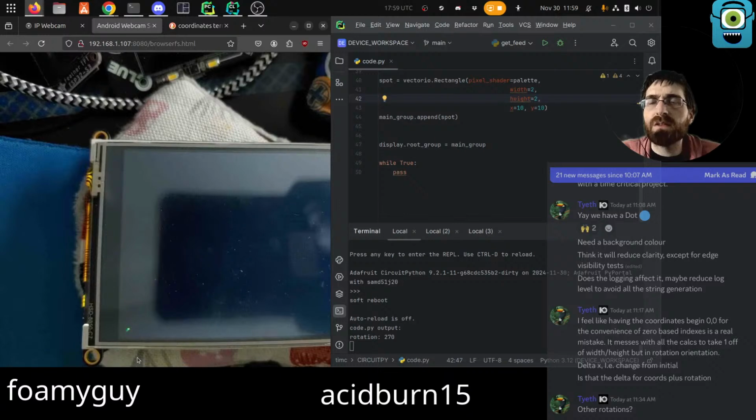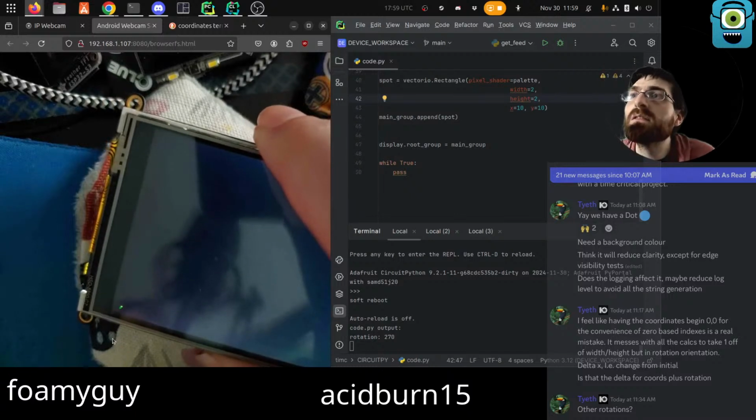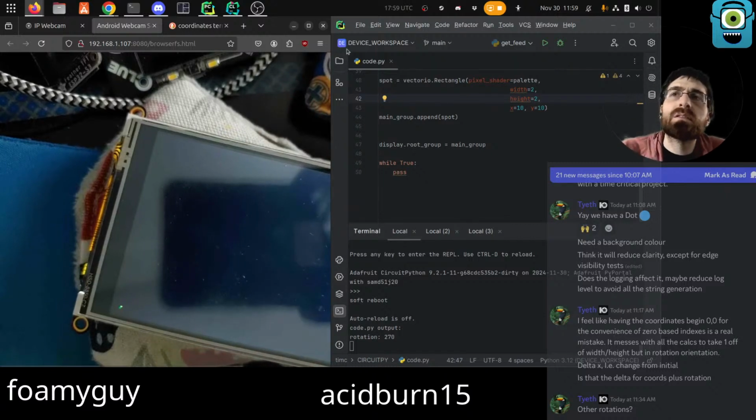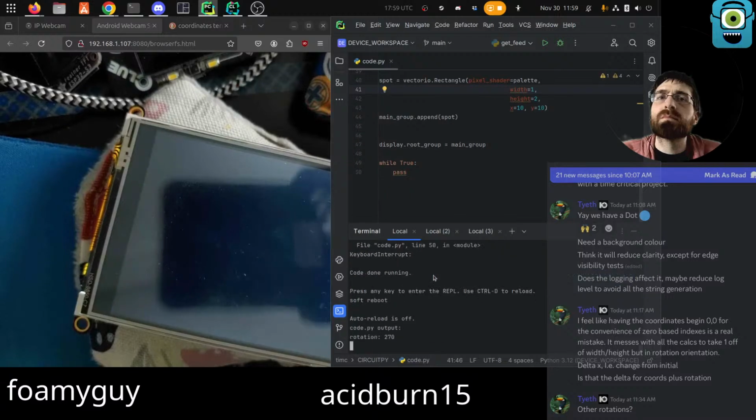Looks wider than it is tall. So things that have width 1 get cut off.